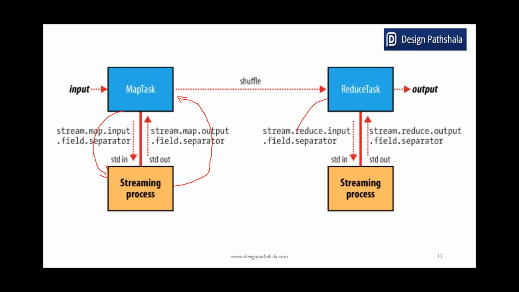Your data goes to a reduce task, which sends your data to your reducer streaming process, that gives the output to your reduce task, and that is outputted to your HDFS. And in between I have written some separator keys. I will talk about them in a minute. But this is what is happening at the backend. So the cat command was run over here, or the cut command was run over here, and the uniq command was run over here.